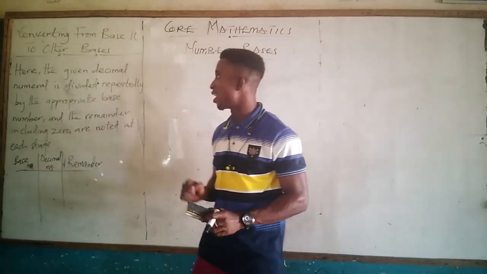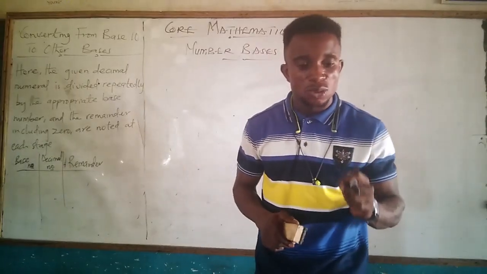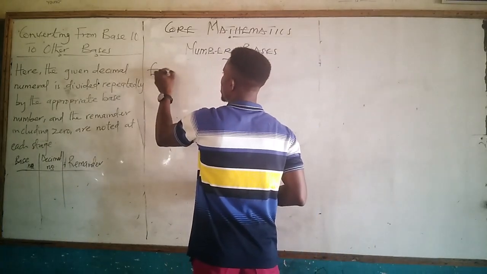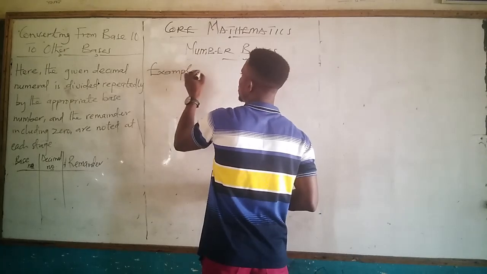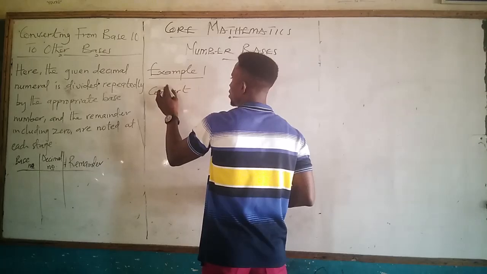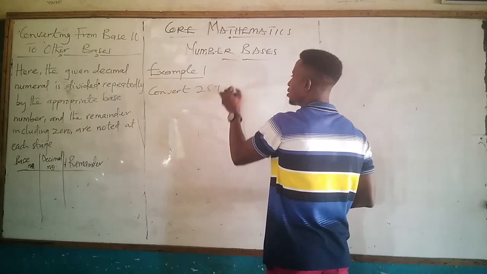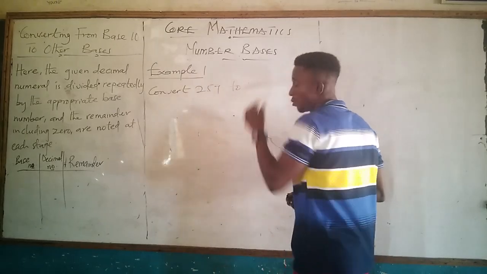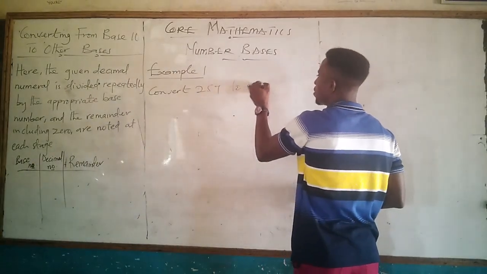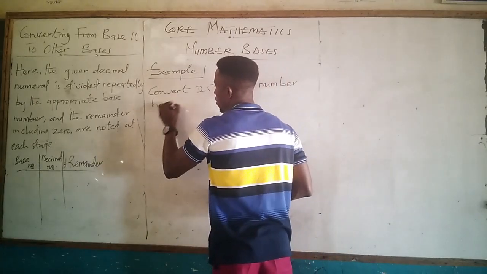Let's take our first illustration. Example 1: convert 259 base 10 to a number base 8.